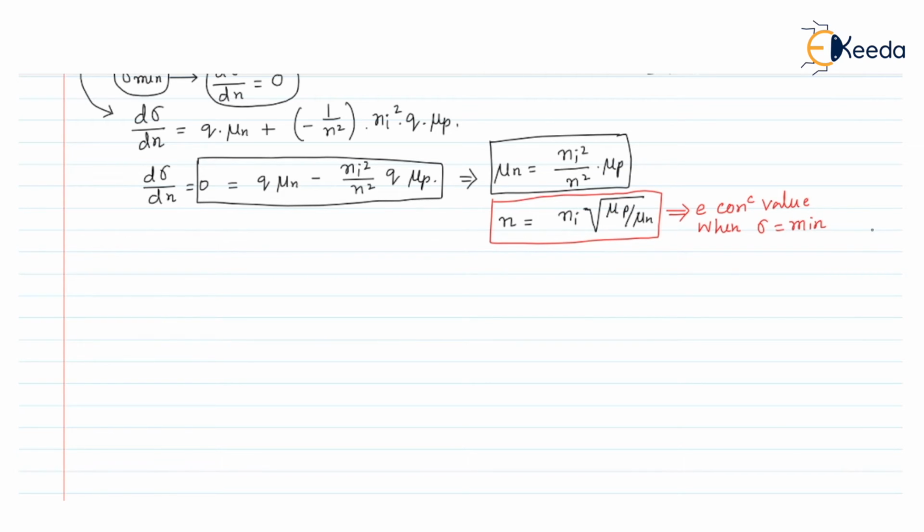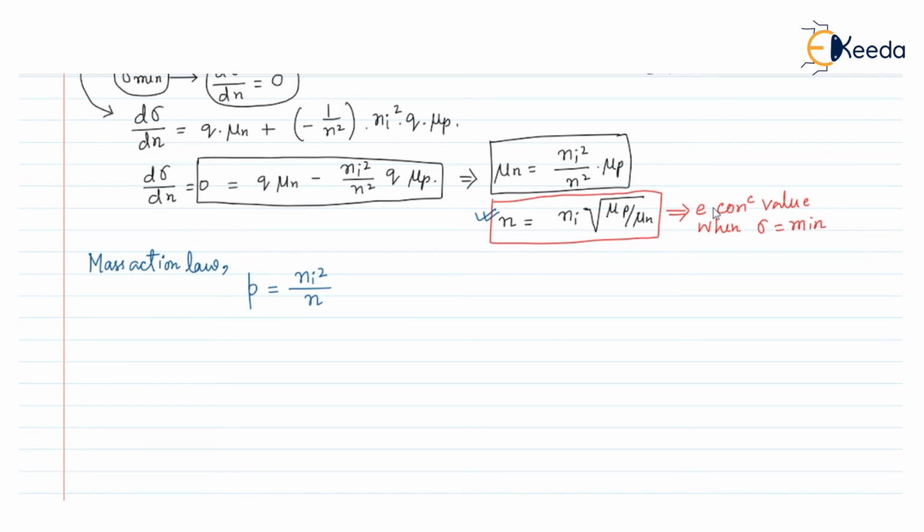Now we need to calculate the hole concentration also. For that, we know from the mass action law that the hole concentration is equal to ni square divided by n. Now we know the value of n for sigma minimum.